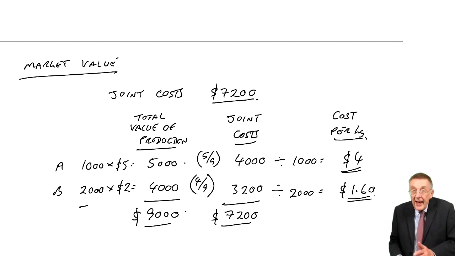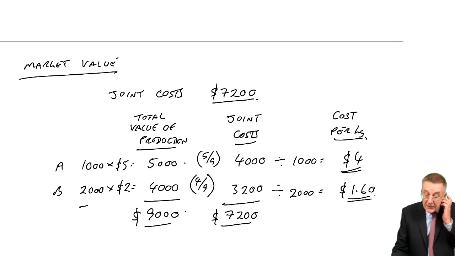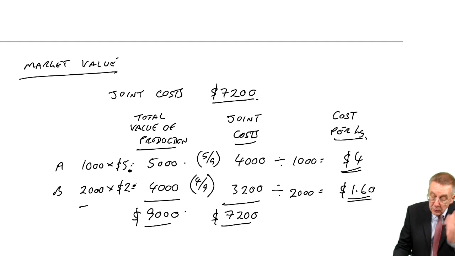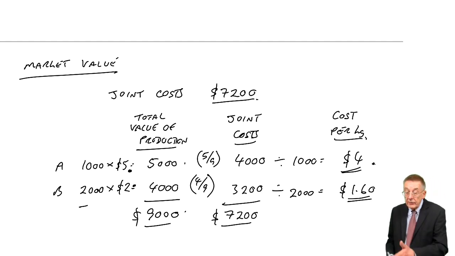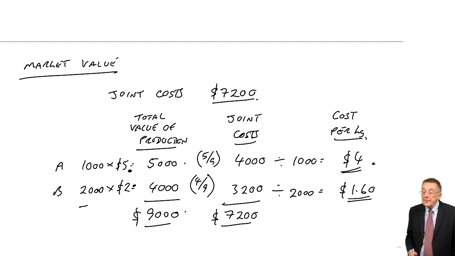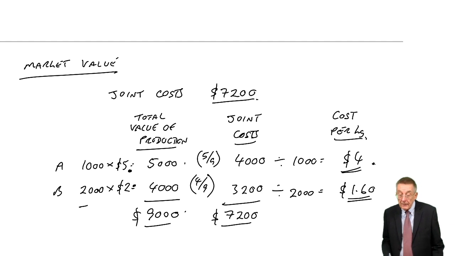And isn't that now a lot fairer? You see the selling price of A is 2.5 times that of B. And so we split the costs. A, if you check, is 2.5 times the cost given to B.